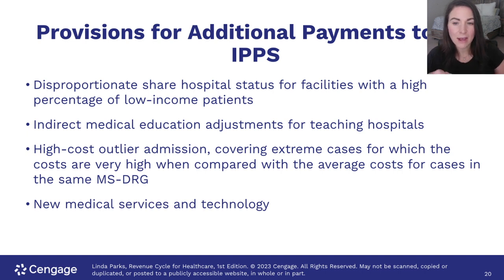High cost outlier admission covers extreme cases that have really high costs compared to most cases under that same DRG. And new medical services and technology adjustments. This is for facilities that provide innovative services and use newer technologies, because the cost of the new technology or service is usually more expensive, and it may not be accounted for in the DRG. Okay.